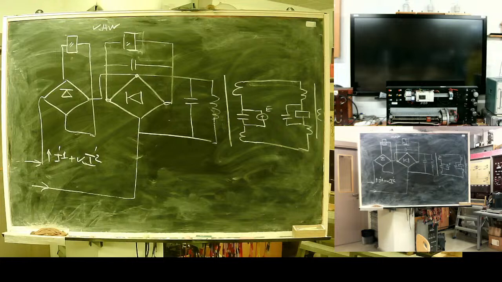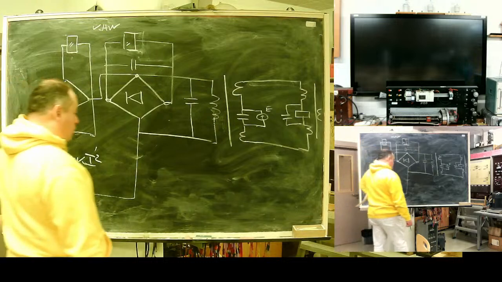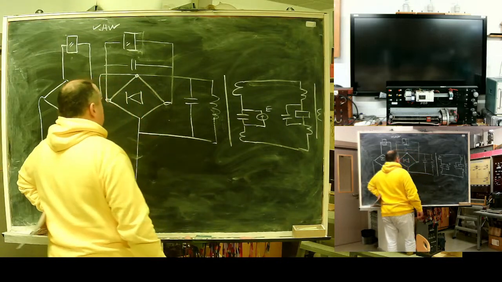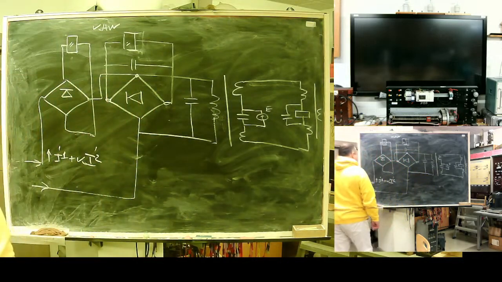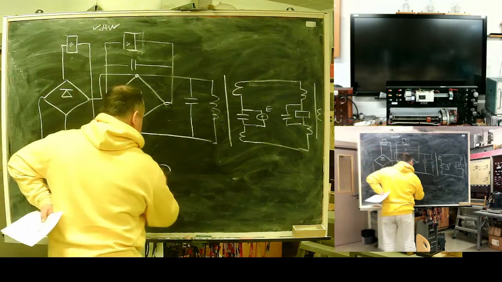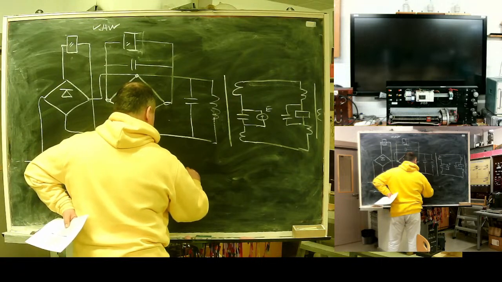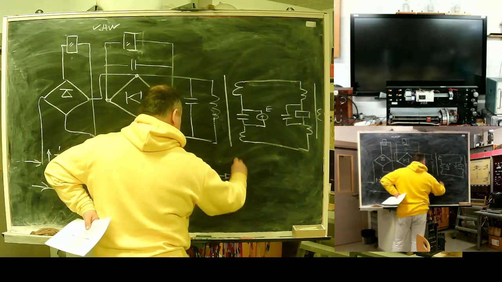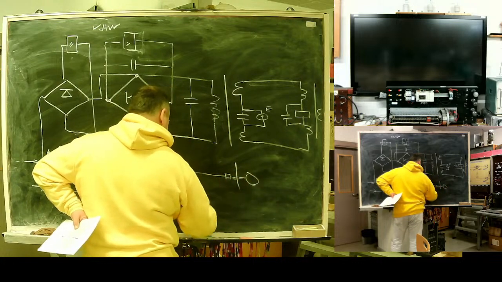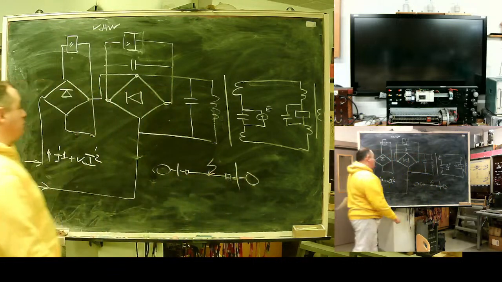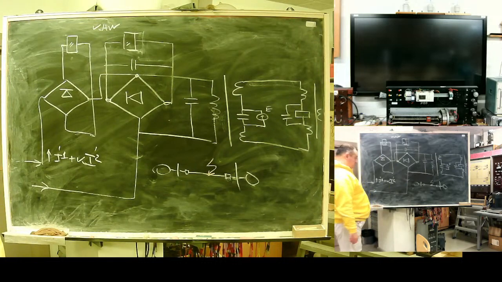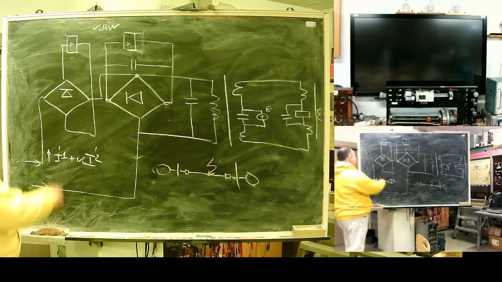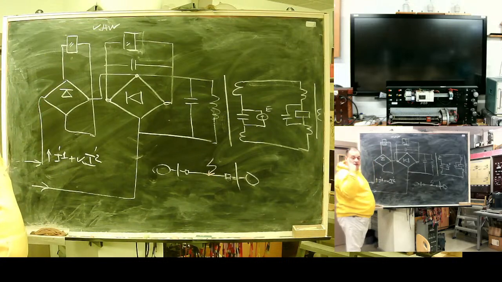If currents are equal, the relay will remain stable. But if, for example, we have an internal fault, the current here will be 1 unit of current.